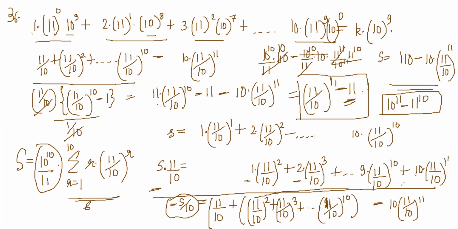11 by 10 first term, R power n minus 1. So 11 by 10 to the power 10 minus 1 by 11 by 10 minus 1.